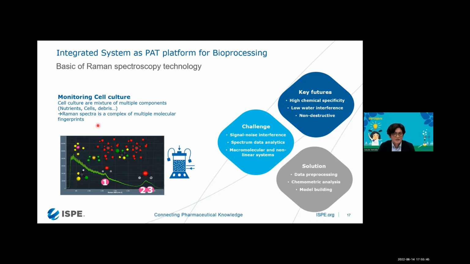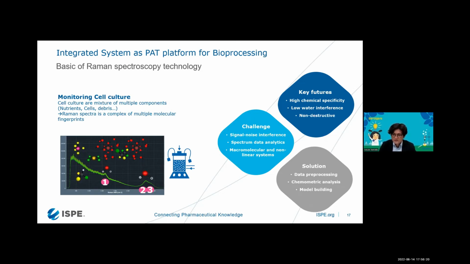So the Raman spectrum is complex, with multiple molecular fingerprints. The key features of Raman spectroscopy are high chemical specificity, low water interference, and a non-destructive monitoring system. But to monitor the process, Raman spectral technology has challenges, such as signal noise interference, spectrum data analysis, and the macromolecule and non-linear system.